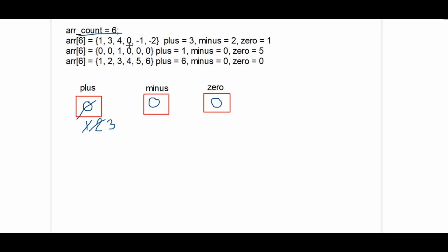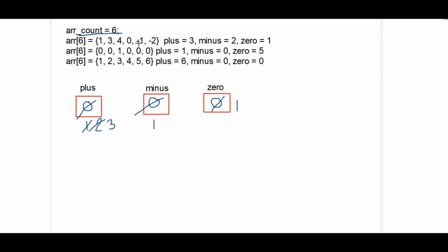After that we have 0. The number of zeros is currently 0, we increment it by 1, so it will be 1. Then we have minus 1, that is negative, so we increment the value of minus by 1.